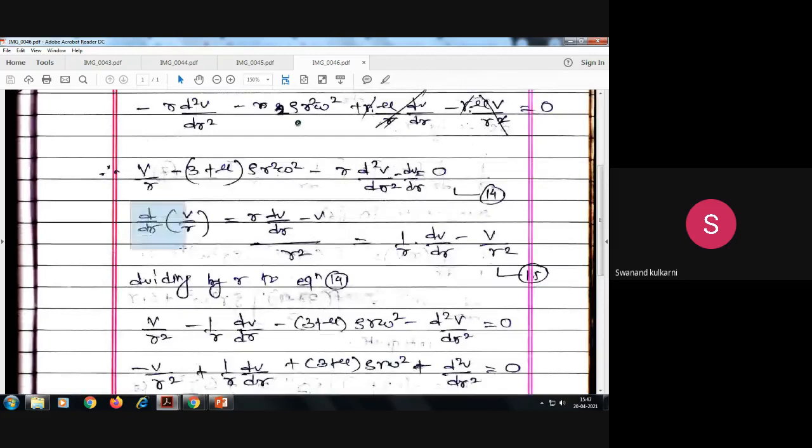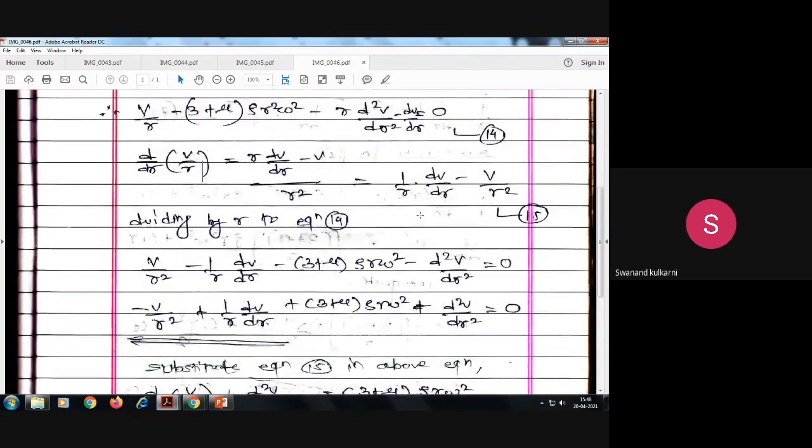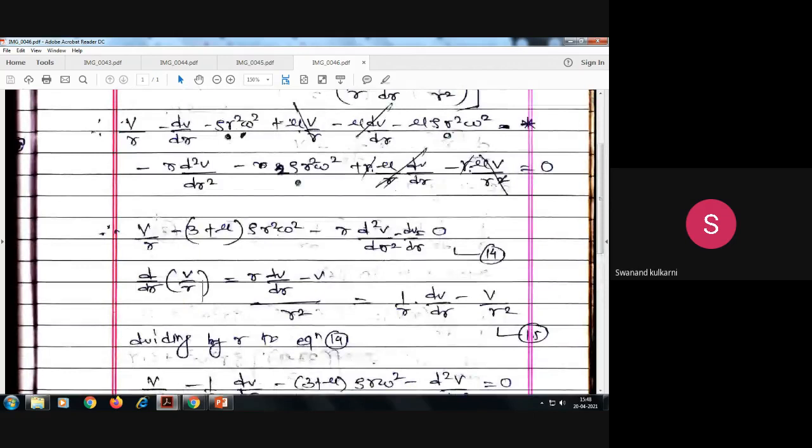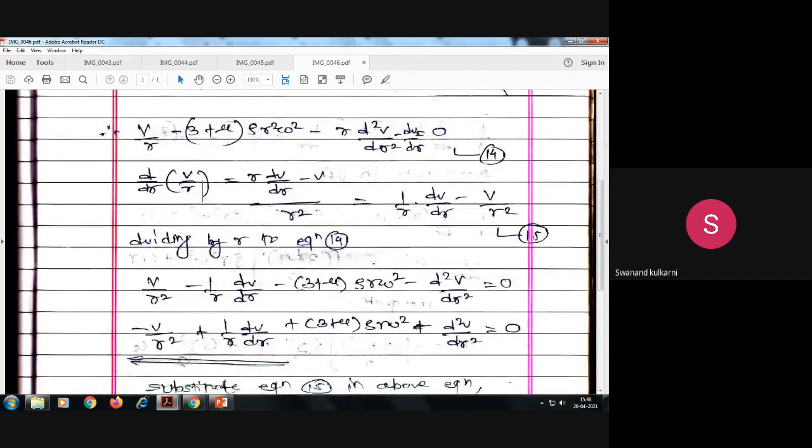Now here also small modifications, small alterations we are going to make. So this term is adjusted here. How this term is adjusted, you can see here the d upon dr of v upon r. So again here the u by v rule is used, and it is simplified. Dividing this equation by r, we will get v upon r square minus 1 upon r dv by dr. So this particular term is adjusted here, and it is simplified.